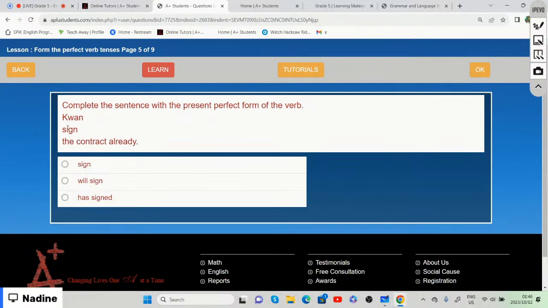Quan sign the contract already, or Quan will sign the contract already, or Quan has signed the contract already? Which one is the correct present perfect form of the verb? So sign, will sign, or has signed.